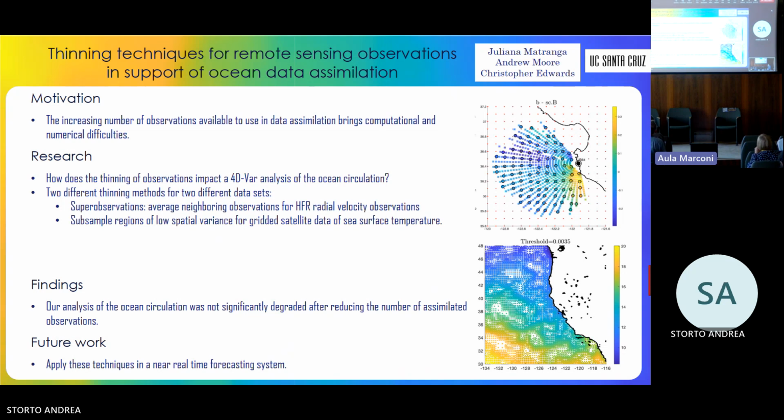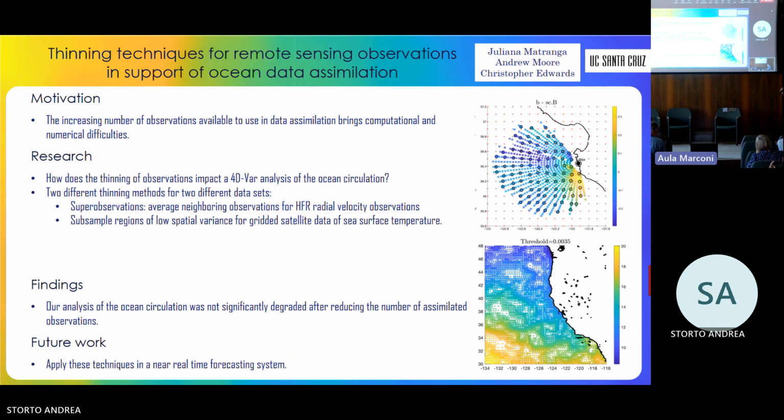The motivation for this work is that the increasing number of observations to use in data assimilation brings some computational and numerical difficulties. So we wanted to test if thinning observations is still a good idea, and whether we can have good results using fewer observations.